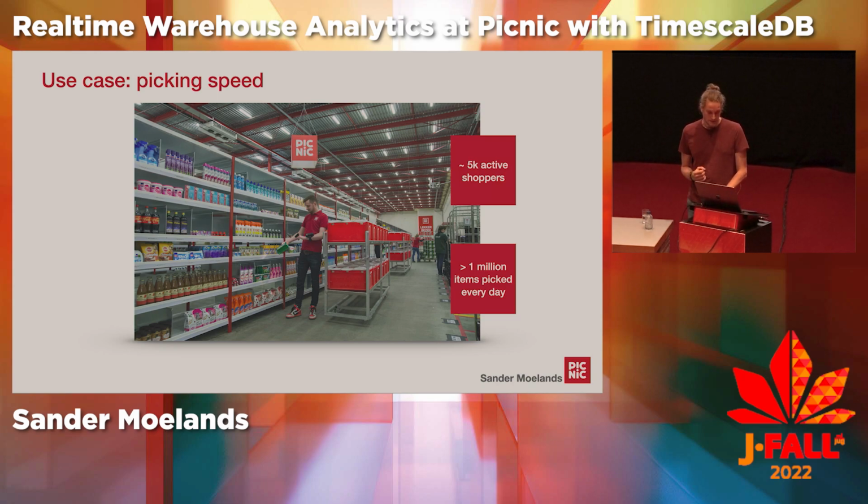Going a bit further, these are some pictures of our automated warehouse. Besides doing just-in-time delivery, we really believe in automating everything. So we're really acting as a tech company, and tech is basically at the core of our company.